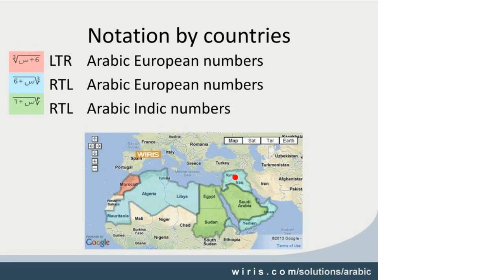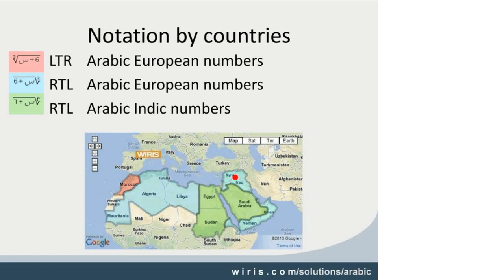Morocco is a very special case in the Arabic countries. Morocco writes the mathematical notation left to right. They do everything else right to left, but they do mathematical notation left to right, and they use the Arabic European numbers in their formulas. That's the one in red.